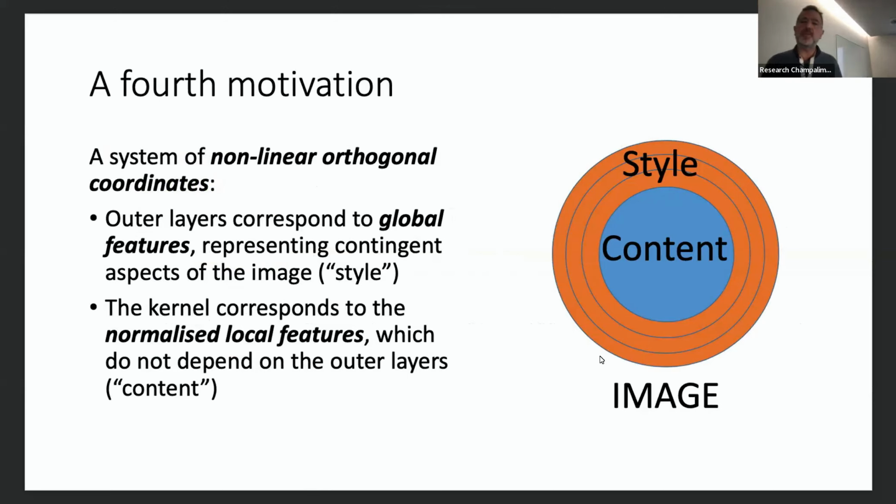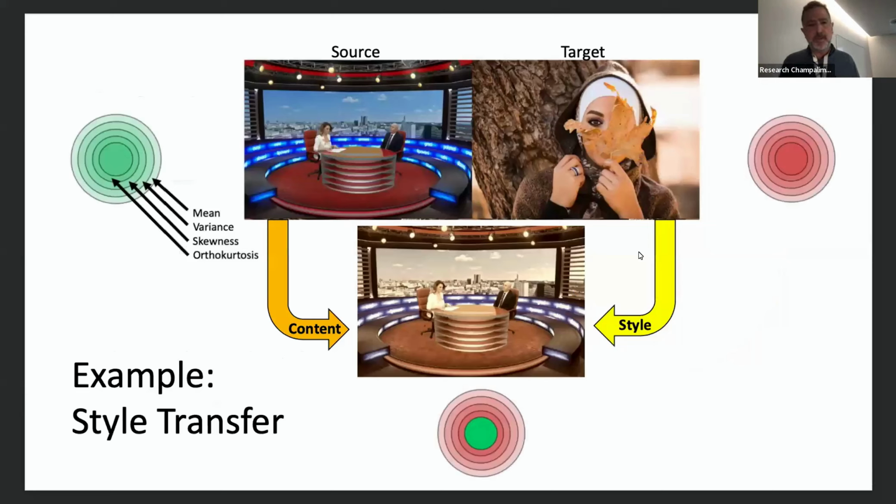We can think about images like a vector in Euclidean space, maybe. But instead of thinking we have orthogonal coordinates that are the pixels, we have curved nonlinear coordinates involving the whole image that describe the style, and then other non-redundant coordinates that are more related to the local structures appearing in the image, right? So this is an example of something that we'll talk a little bit more about later on.